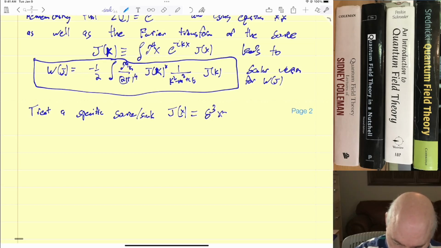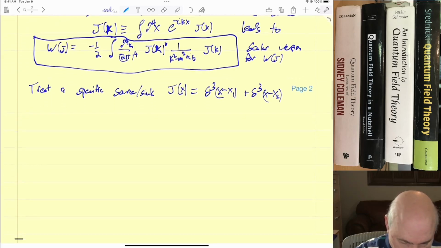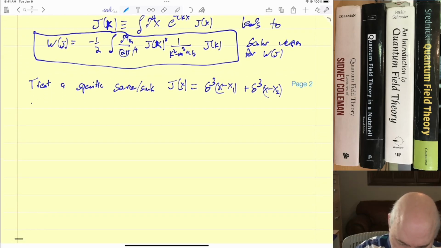So let's imagine we have a particle at x1 and we have a particle at x2. And let's neglect self-interacting terms, because we're not professional field theorists yet.